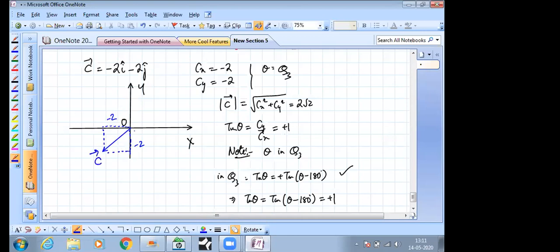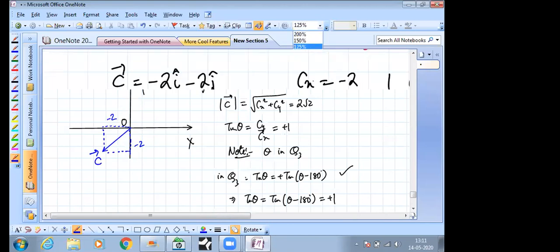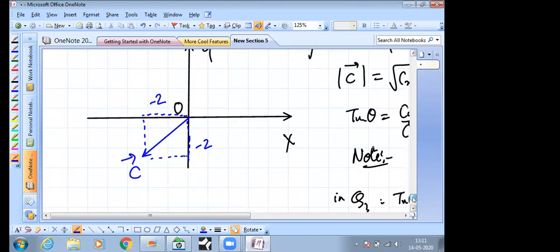So this is the vector C. And now you will understand that the angle we are looking for, the angle with respect to the positive x-axis, is this whole angle. This is the angle theta.